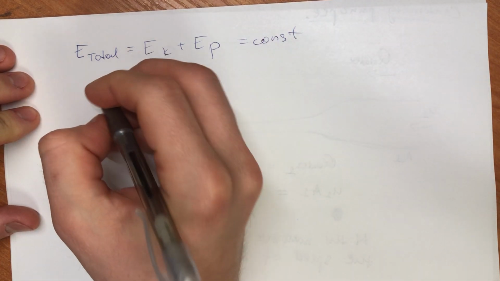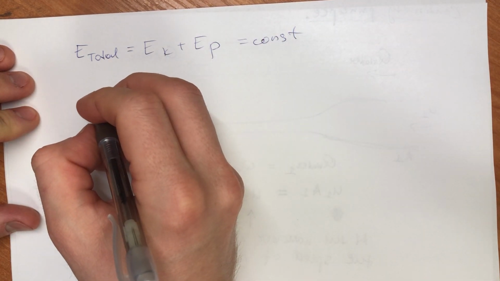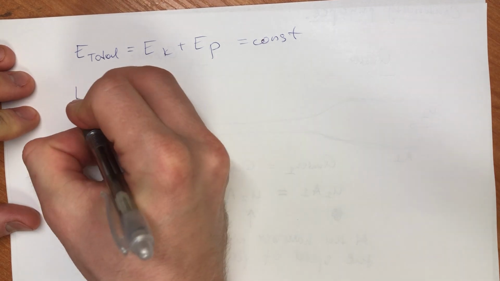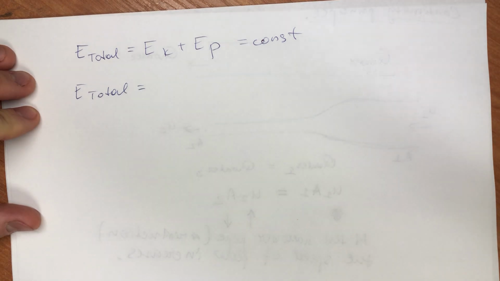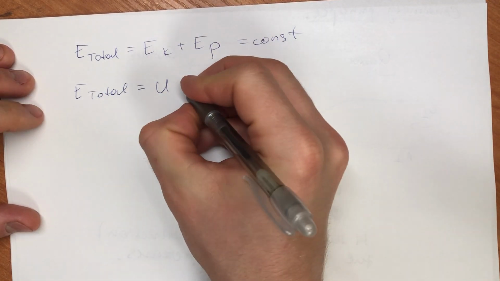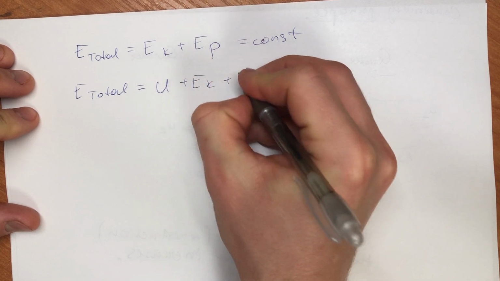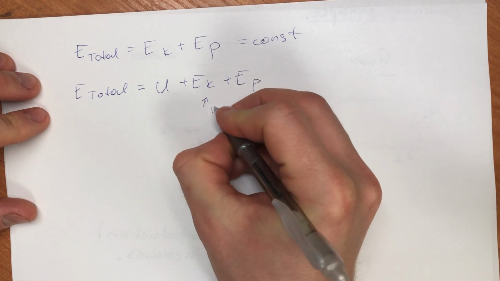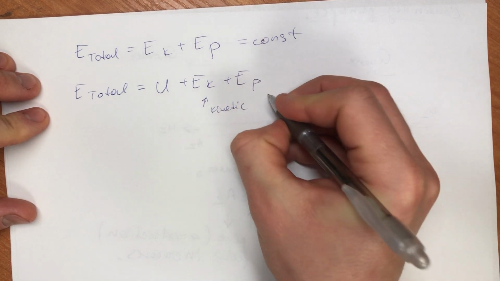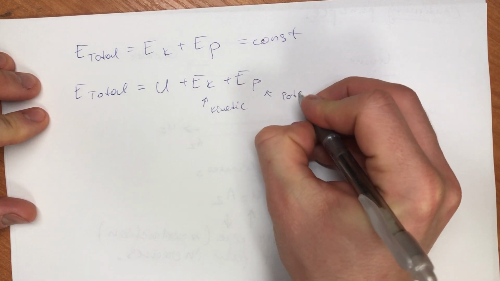It's easier to show Bernoulli's equation using E total, using thermodynamics. It uses internal energy, so U plus EK plus EP. This is kinetic energy. This is potential energy.